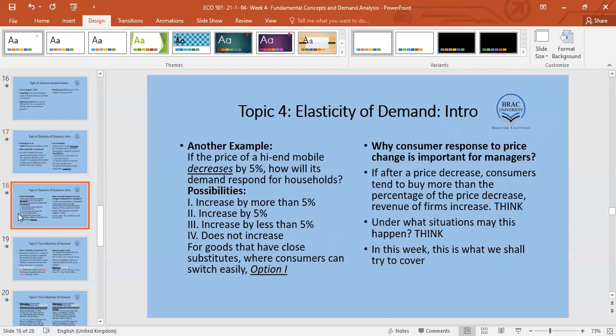Similarly, with a high-end mobile phone, if we expect that a 5% reduction in the price will lead to more than 5% in sales, then total revenue will increase. This is a very powerful tool. This is a very powerful result that business managers use in their business decisions.